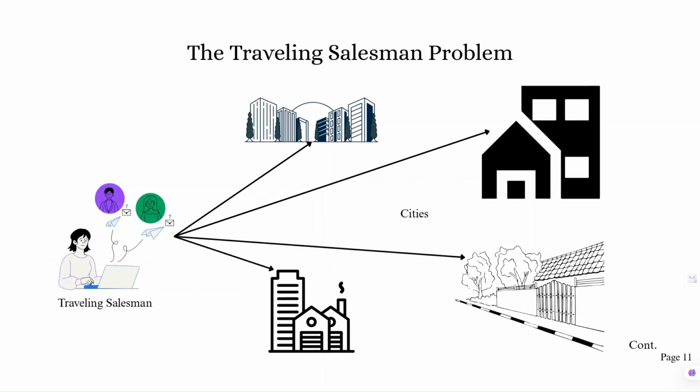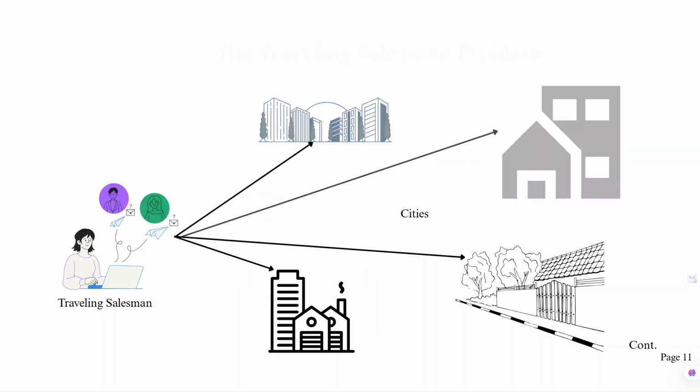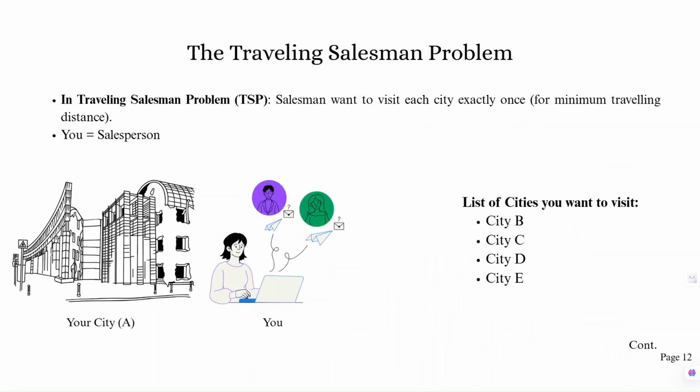Here is a picture for the traveling salesman problem, where a traveling salesman will move from the current city to different cities and return back to the same city. We will see this in the next slide. Consider yourself as a salesman starting from your home city, city A, and you have a list of other cities B, C, D, E you need to visit.